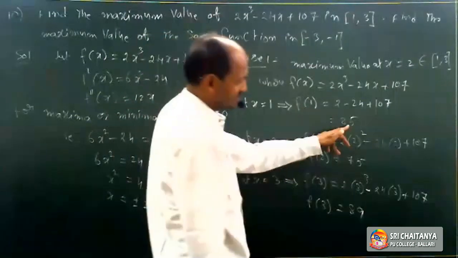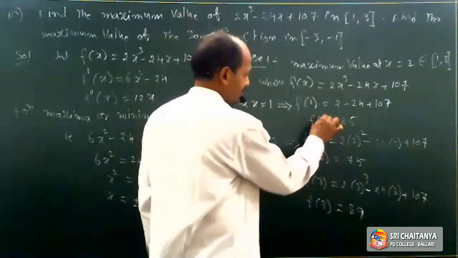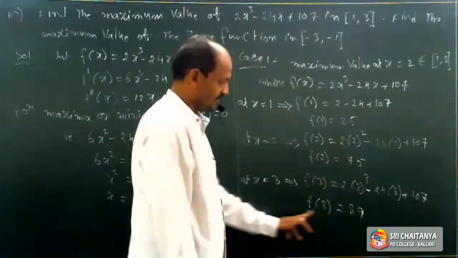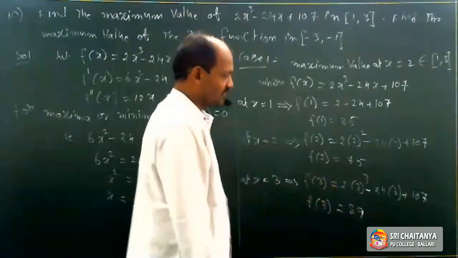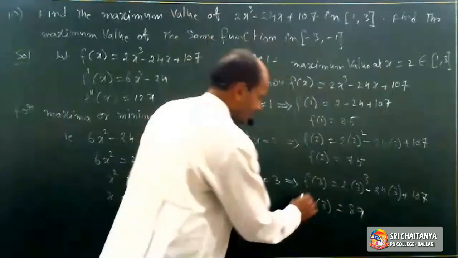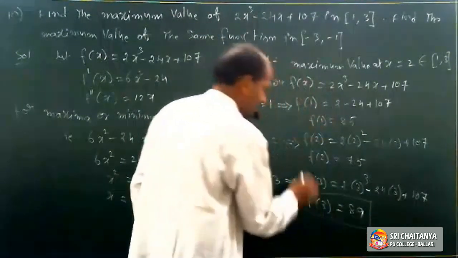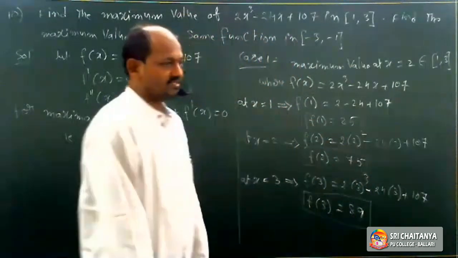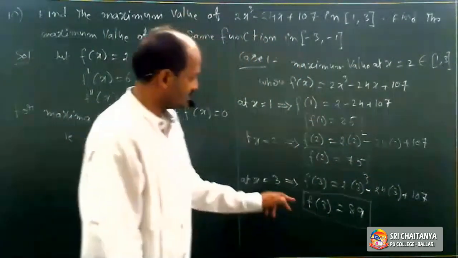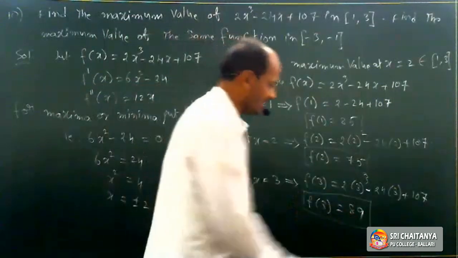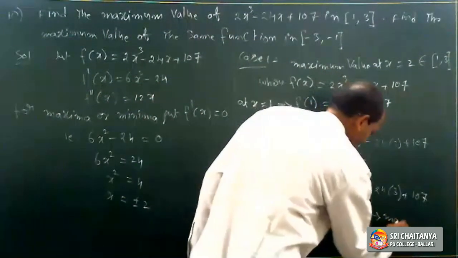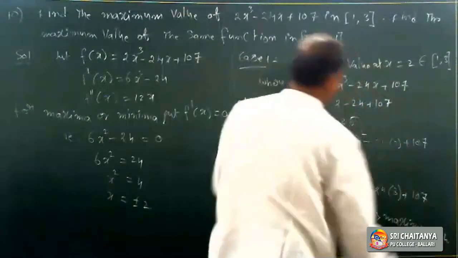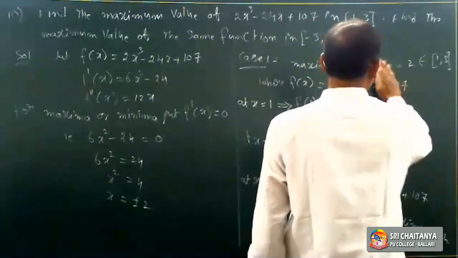So f(1) is 85, f(2) is 75, f(3) is 89. Which one is the maximum? 89 is the maximum. So the maximum value, at x = 3, is 89. Okay? It is the maximum value.